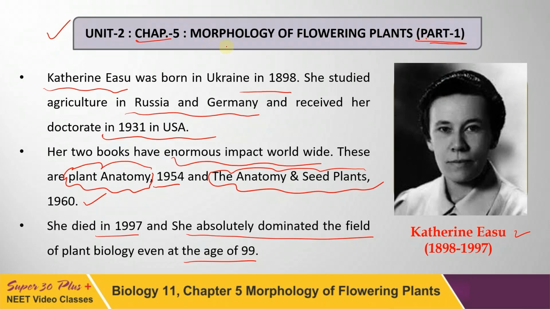For this chapter, the eminent figure is Katherine Esau, and she died at the age of 99. She dominated the plant biology field, especially plant morphology, and her two important books are Plant Anatomy and The Anatomy of the Seed Plant. You can see the picture of this renowned lady.